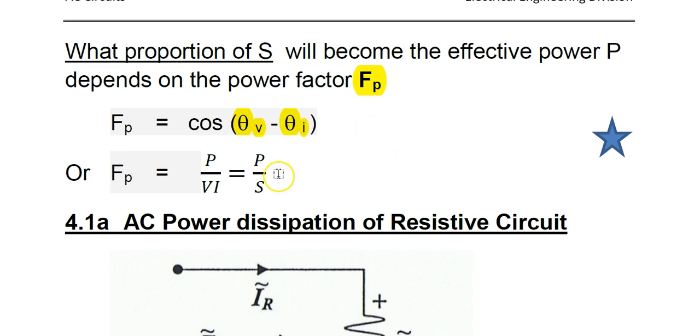Another way to look at it is power factor is the ratio of the effective power over the apparent power, or P over S. So that's the reason why a power factor has no units, because power factor basically is the ratio.